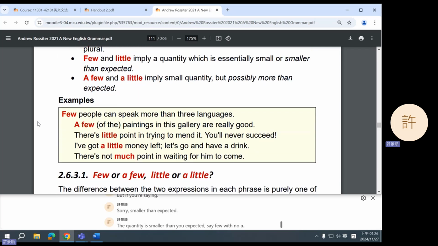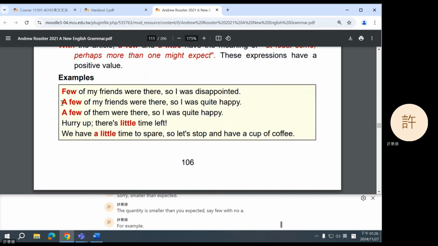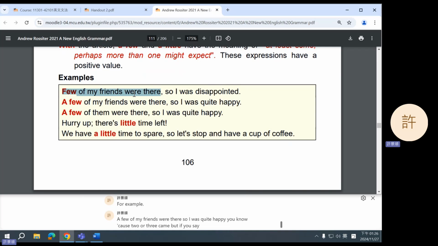For example, "a few of my friends were there," so I was quite happy, because two or three came. But if you say "few of my friends were there," that means you expected there to be more. And so I was disappointed.